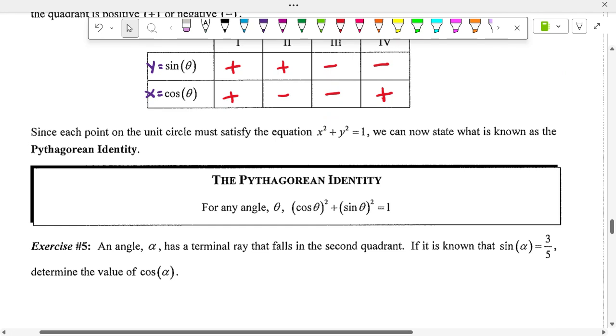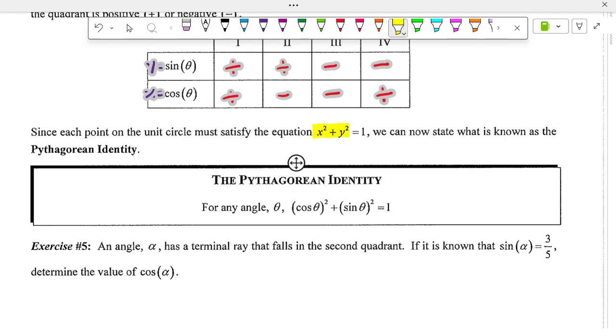The last thing is a very simple Pythagorean identity that comes from this. The other day, we talked about how the equation of the unit circle is x squared plus y squared equals 1. And this is what we know as the Pythagorean identity. We know that cosine of theta is equal to x and sine of theta is equal to y.